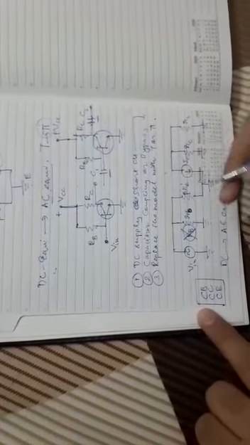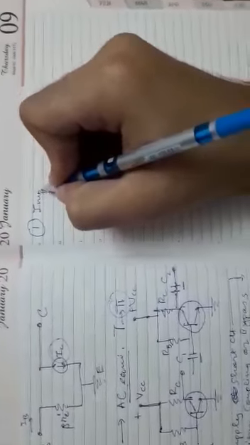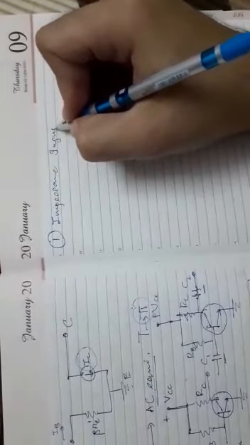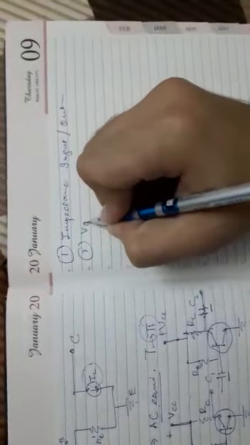After this we need to get some more parameters, as we have already discussed some in the previous lectures. The first parameter is the impedance, input as well as output. Second, voltage gain.